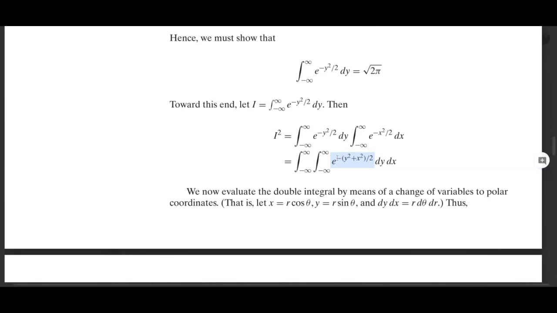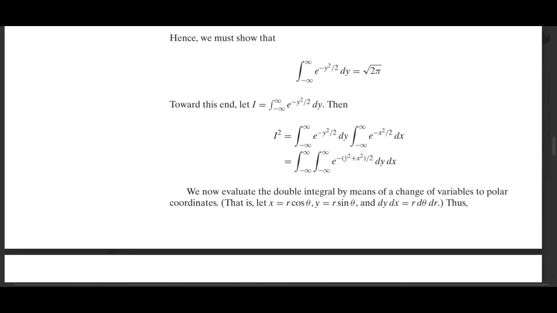Then we have e to the negative (y squared plus x squared) over 2 dx dy. So this is a trick. We're going to change x squared plus y squared equals r squared, then this is divided by 2. So we use polar coordinates. Otherwise, how do we integrate this?